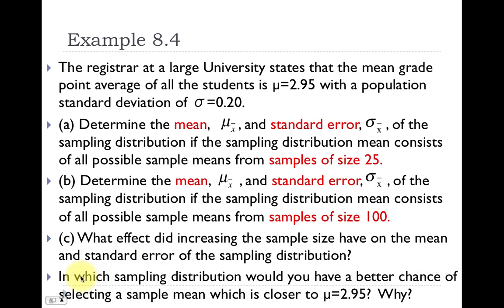So this last question is asking us, in which sampling distribution, the one described in part A or the one described in part B, would we have a greater chance, a greater probability of choosing at random a sample mean closer to the population mean 2.95, and why?